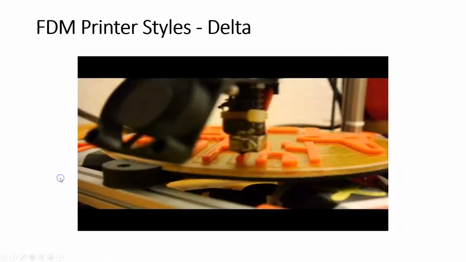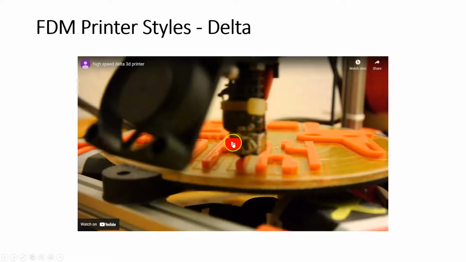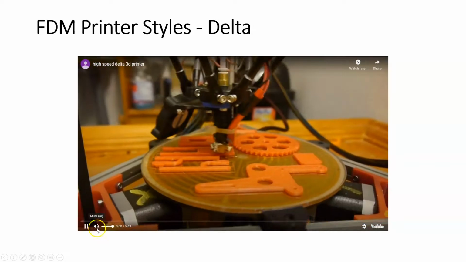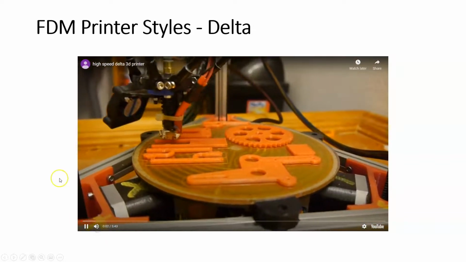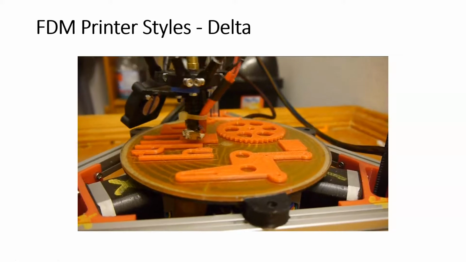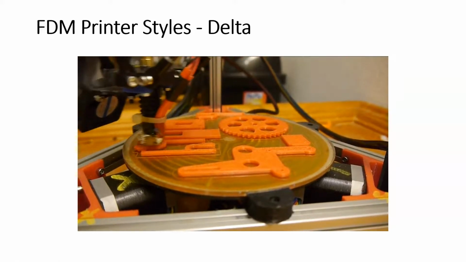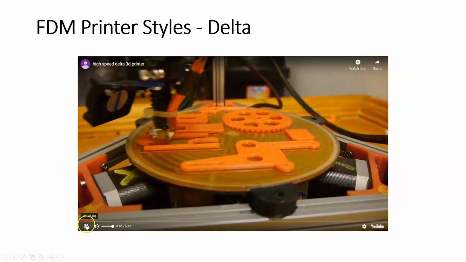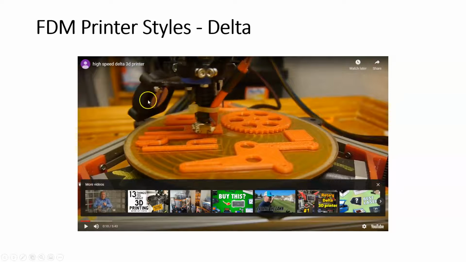All right. Now, if we look at, here's another example of one. This is a high-speed 3D printer. I'll keep the sound on so you can hear, but it's just going to be the 3D printer. Now, you'll notice right here, let me pause it for a second. This is a fan, okay? And the fan is blowing on this basically to help it cool, right?